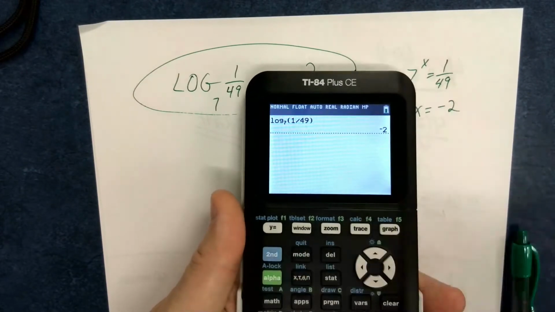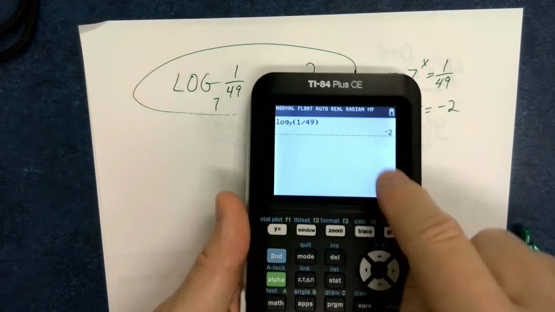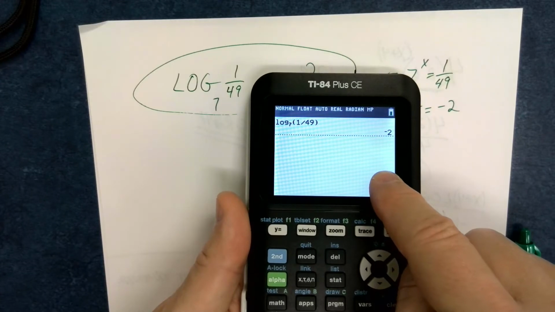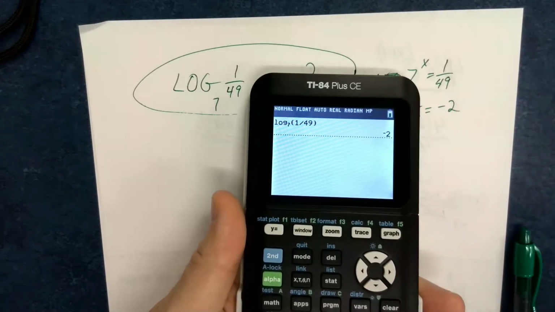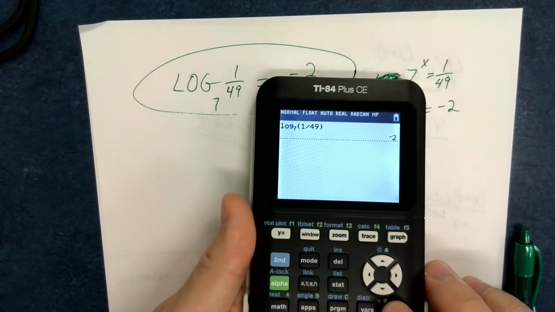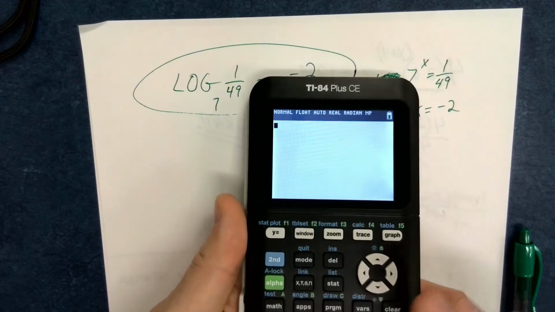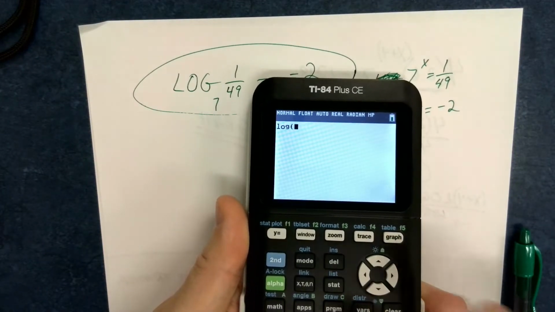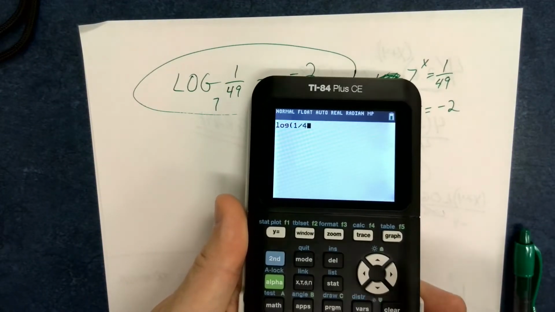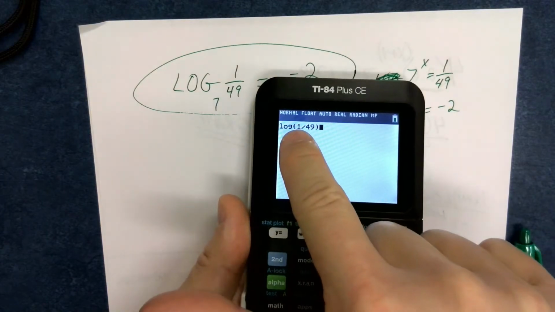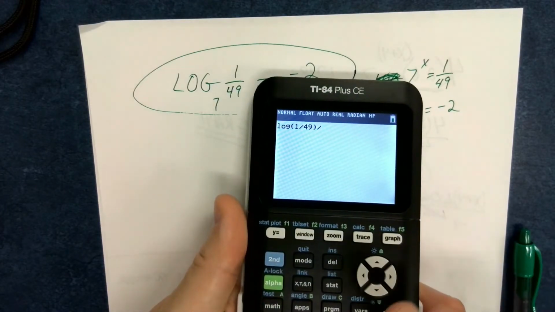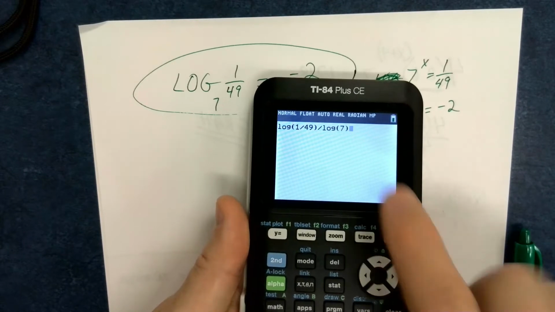And you're like, yeah, well, what if I don't have a new calculator that does this stuff? Good deal. Then I could use the change of base formula, which says I can do the log of 1/49, close parentheses, divided by the log of the base.